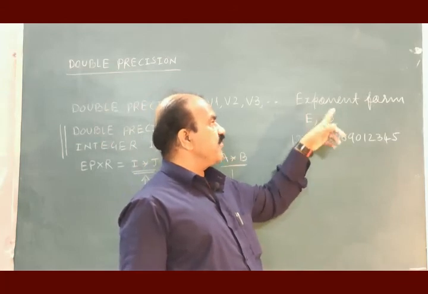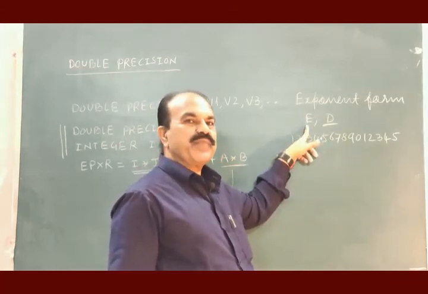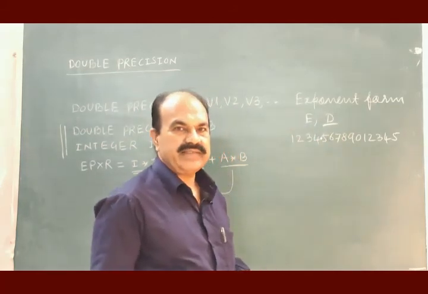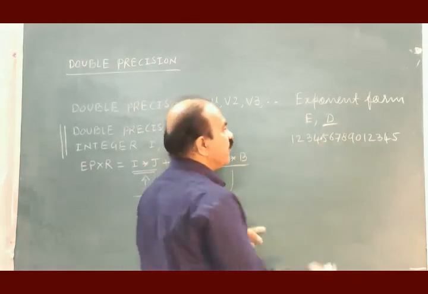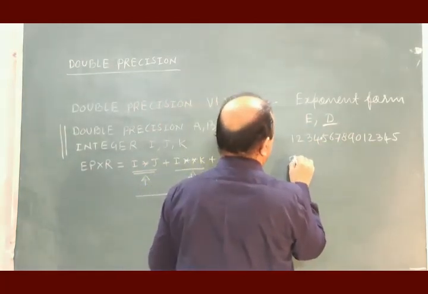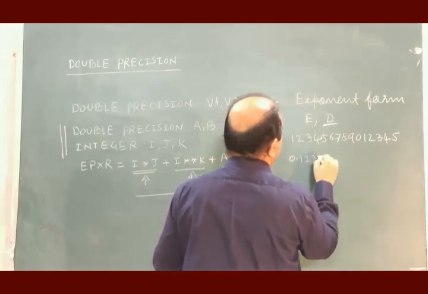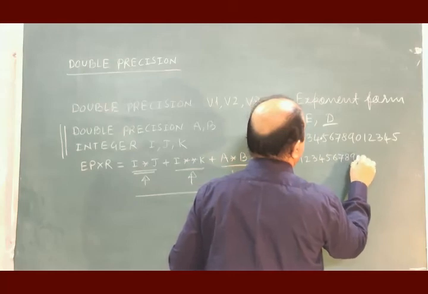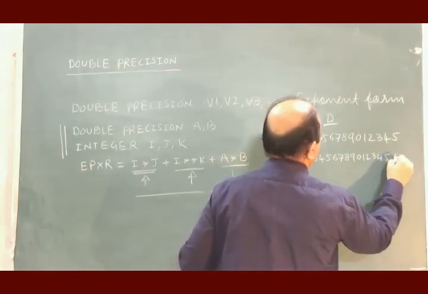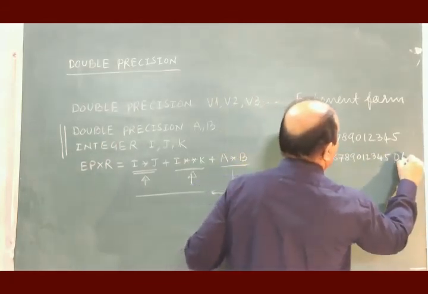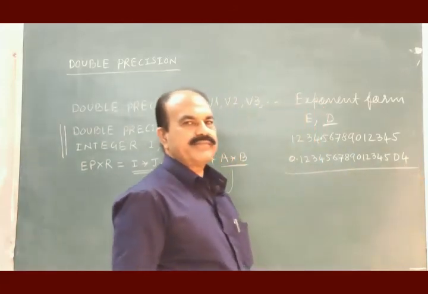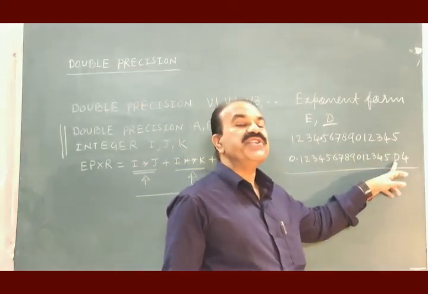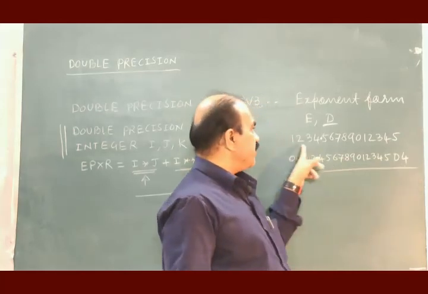When we use exponential form for single precision, we use the letter E. When we are asked to write the exponential form for double precision, E is to be replaced by D. And this will be represented in exponential form as the mantissa, D for exponential in double precision, power 4, because it is 1, 2, 3, 4.